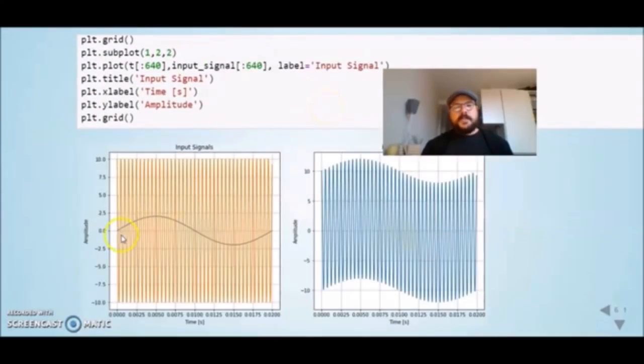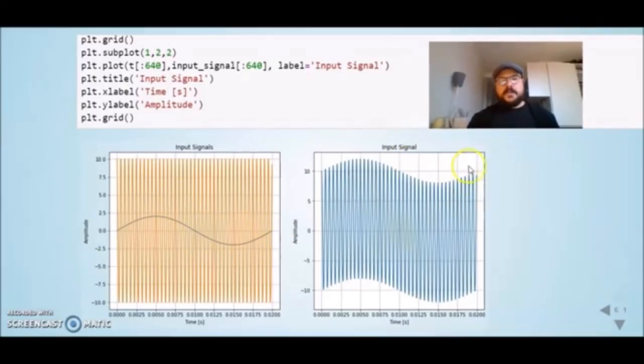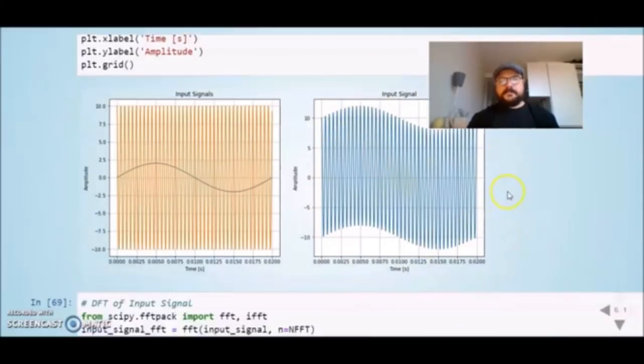When we see we have our sine wave, I'm plotting just one period of the sine wave, and then we have our cosine with amplitude of 10 and our sine wave with amplitude of 2, and when we add these two signals, we have this input signal here.